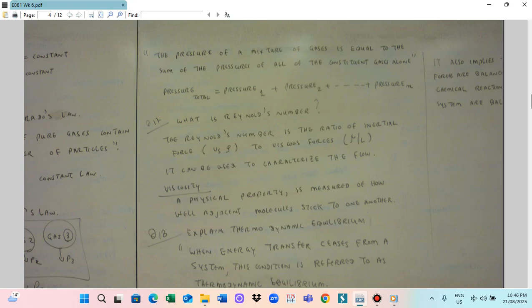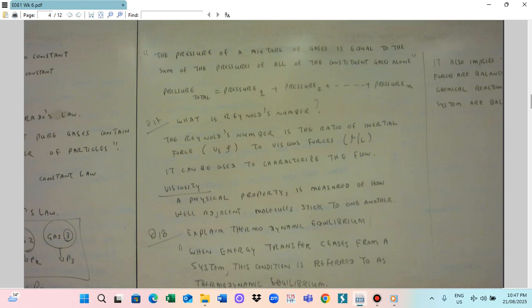Depending on the Reynolds number, some gases can be easily dissociated and some gases are difficult to dissociate. The Reynolds number is the ratio of the inertial force, velocity times rho, to the viscous force, mu by L. So it can be used to characterize the flow.